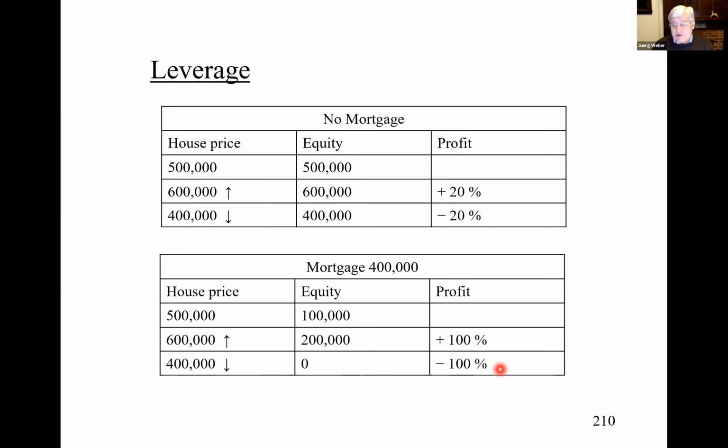So it's a complete loss. Okay, a capital loss of 100%. And it could go worse. If the house price falls further, then the equity will become negative. And the house buyer may be ruined.